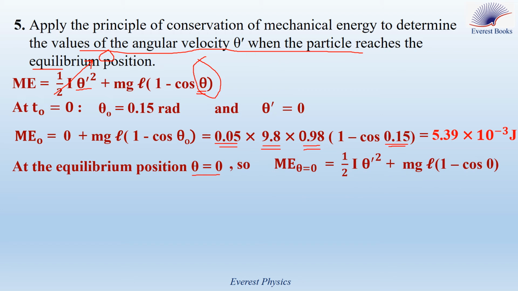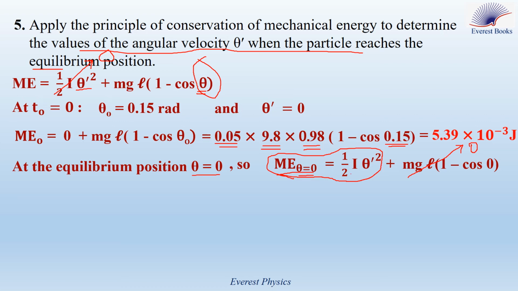So the mechanical energy at the equilibrium position is equal to 1/2 I theta prime squared plus MGL into 1 minus cosine 0. But cosine 0 is equal to 1, which means that the gravitational potential energy is equal to 0 at the equilibrium position. So we still have the mechanical energy equal to 1/2 I theta prime squared at the equilibrium position.